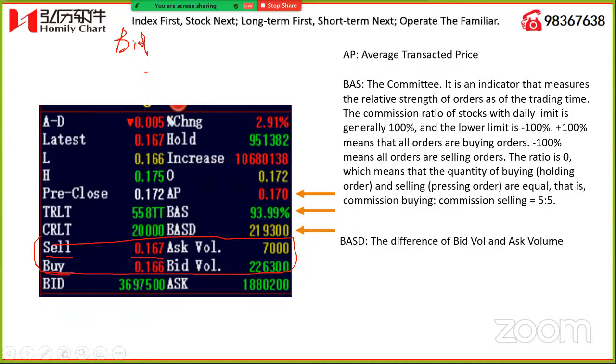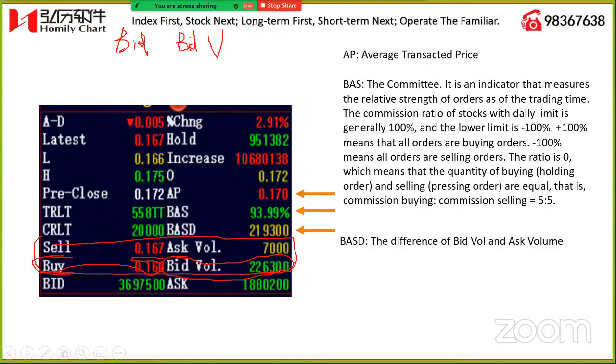For example, when you go to the broker trading platform, you will see the market depth, and on there you will see what is the bid price and what is the bid volume. The bid price is this one, the bid volume is this one.